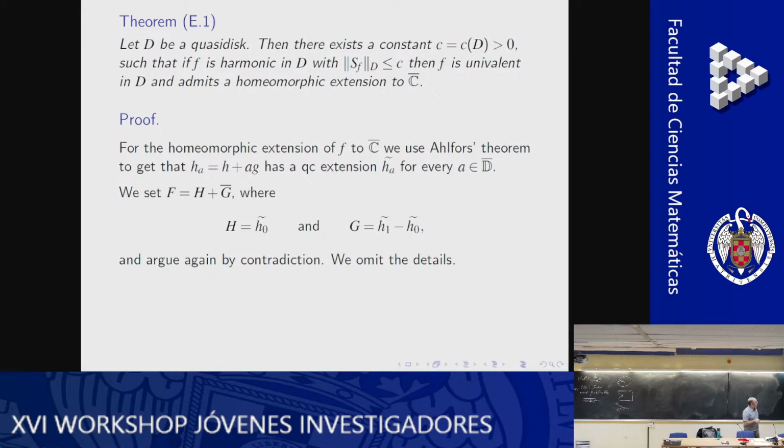And we write down an extension, capital F, h plus g bar, where h is the extension of h sub 0, and capital g is the extension of h sub 1, that's h plus g, minus the extension of h sub 0.